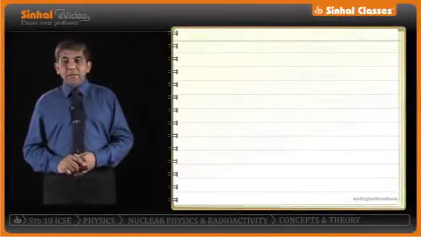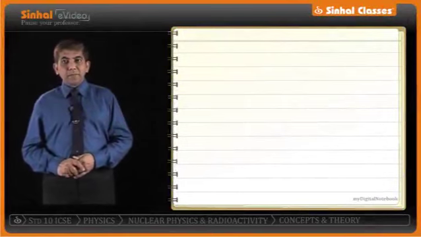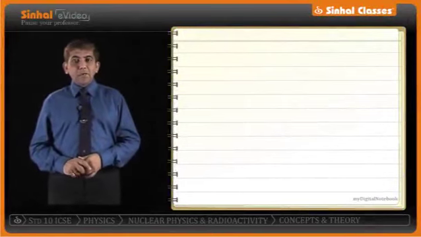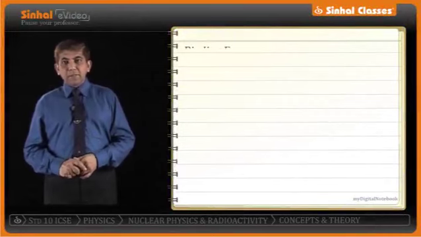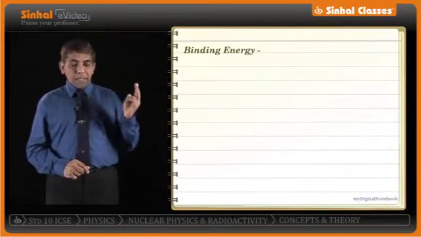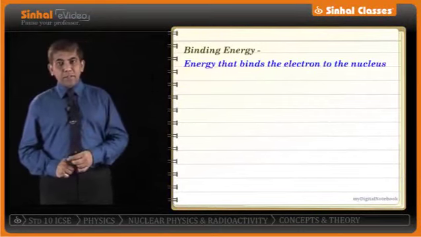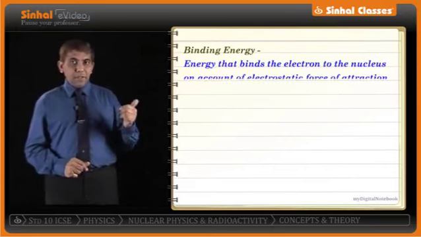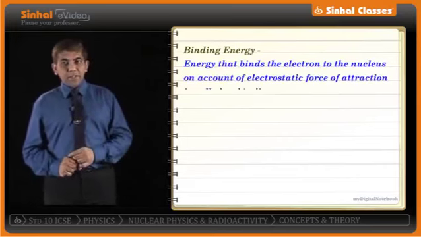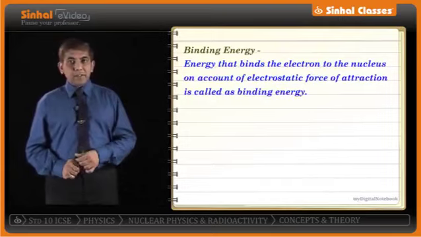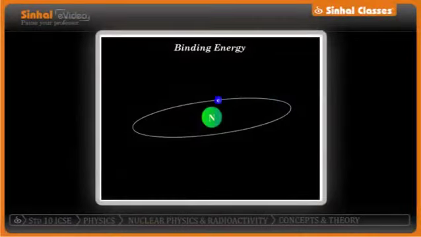Talking about the concepts related to this chapter, first we define what is binding energy. The energy that binds the electron to the nucleus on account of electrostatic force of attraction is called binding energy. The electron, while moving around the nucleus, is bound to the nucleus.